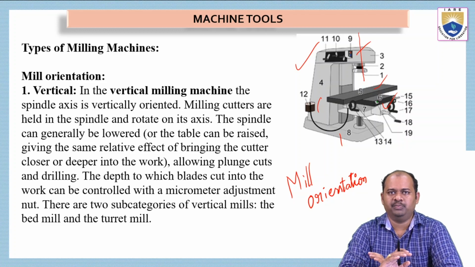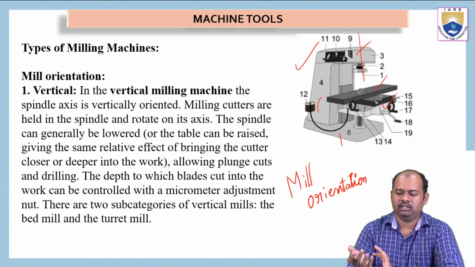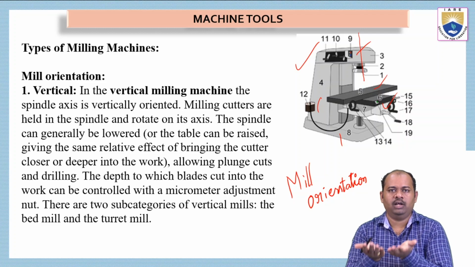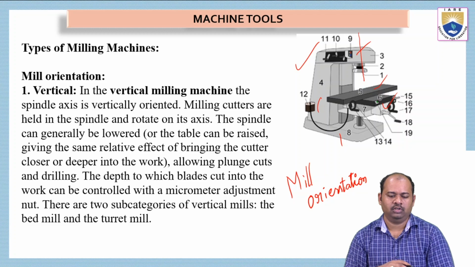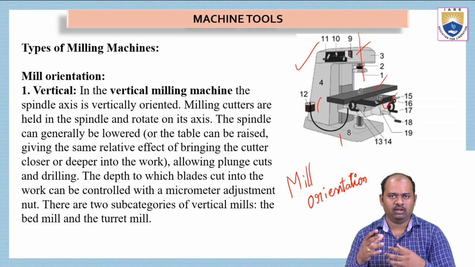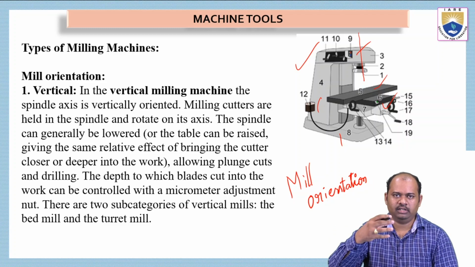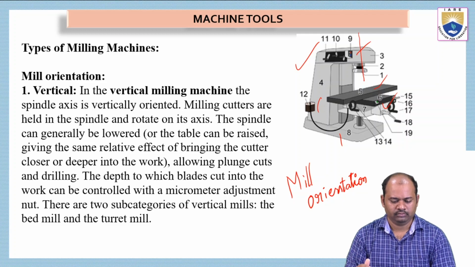And then the spindle can generally be lowered or the table can be raised. In most of the cases, the table, which contains the workpiece, can be raised up. The table will be moved up towards the cutting tool and machining operation is done. And in some machines, the spindle can be moved down so that it will come near to the workpiece where it will remove the chips.